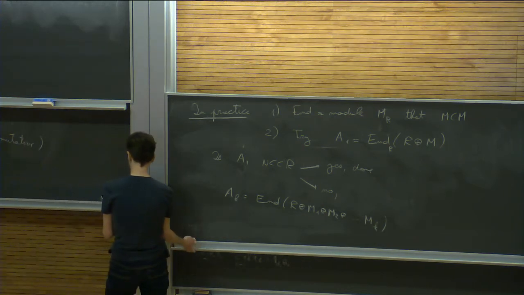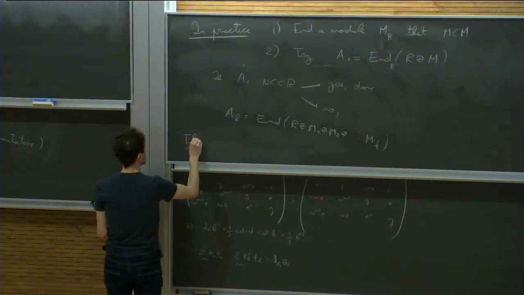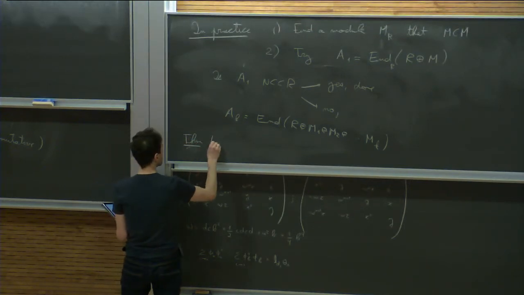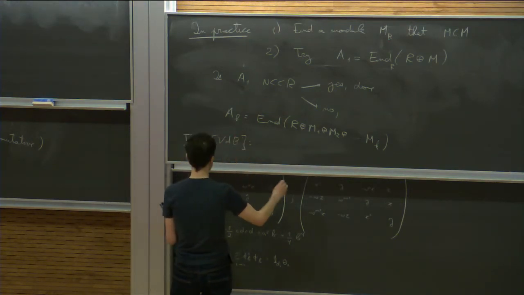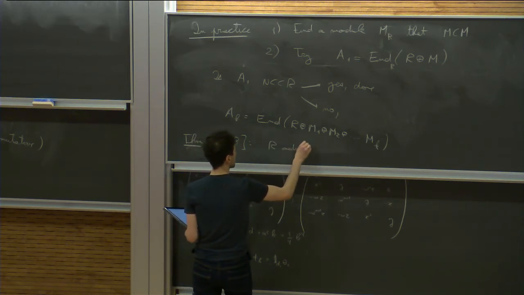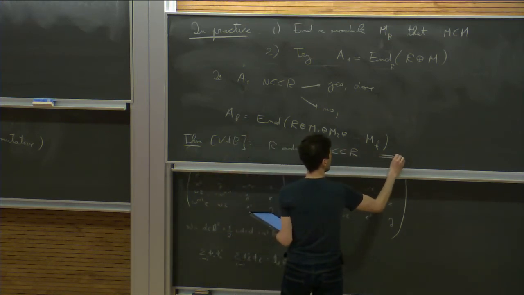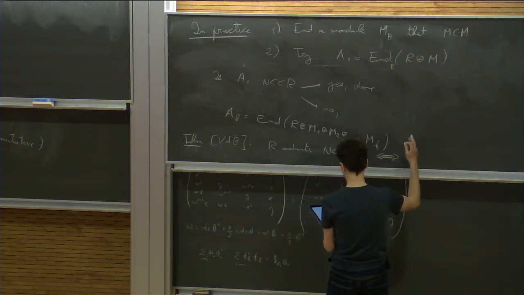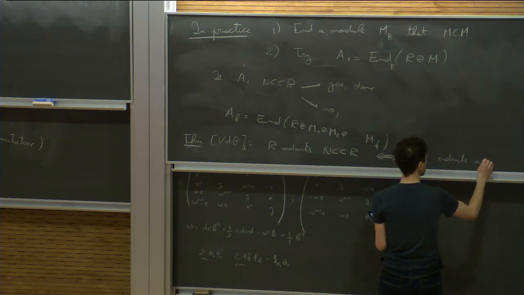And now there's a theorem that is, of course, maybe the most relevant for us, which is that for threefolds, R, the singular thing, admits an NCCR if and only if X, the singular space that had the ring R, admits a small resolution.